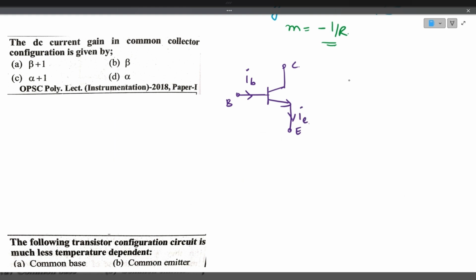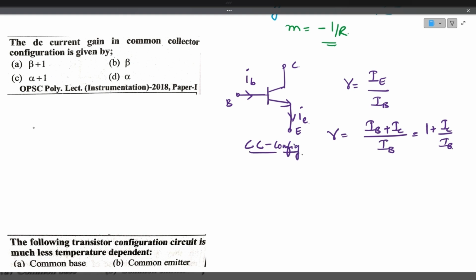So the current gain gamma is equal to the output current, emitter current, divided by input current, base current. The emitter current is nothing but the sum of base and collector currents, so this can also be written as 1 plus IC by IB. This is for the CC, common collector configuration.